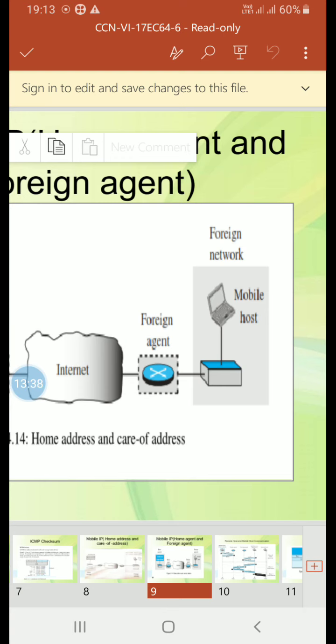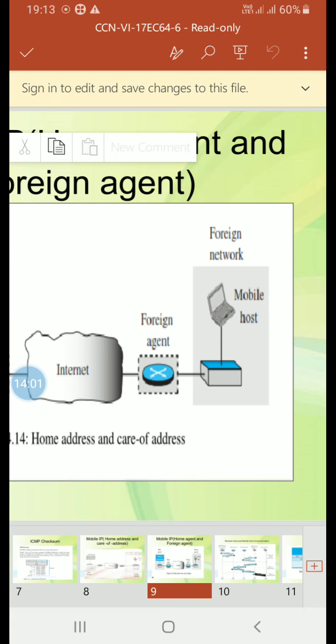A mobile host must be able to receive a care-of address by itself. That can be done through the use of DHCP.